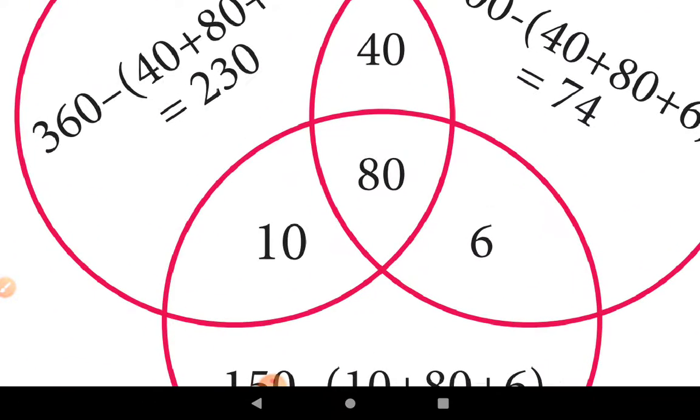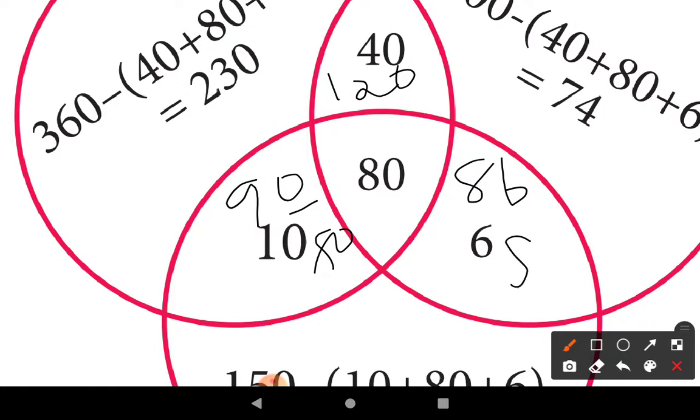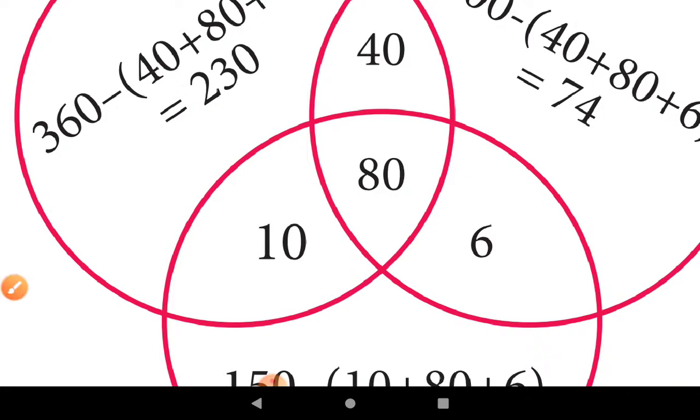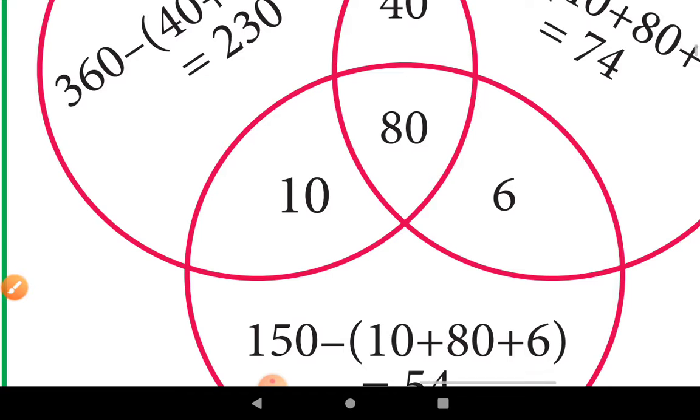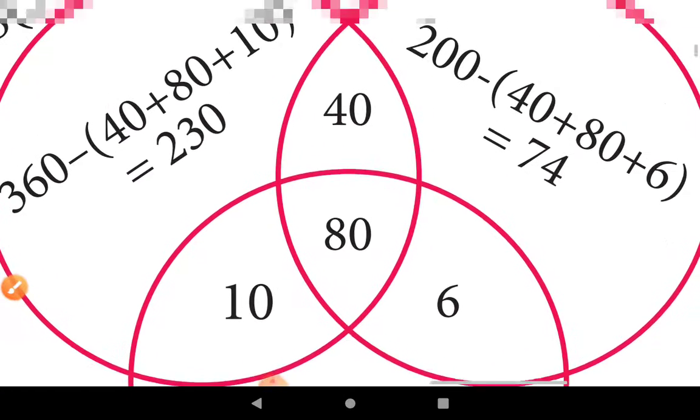Now here I have 120 minus 80, and this is 86, and this is 90. We have to subtract 80 from each: 120 minus 80, 90 minus 80, and 86 minus 80.